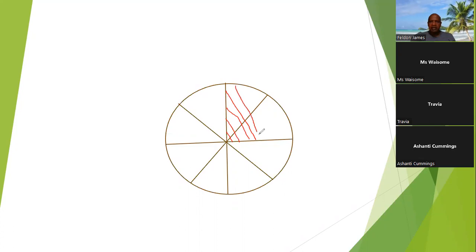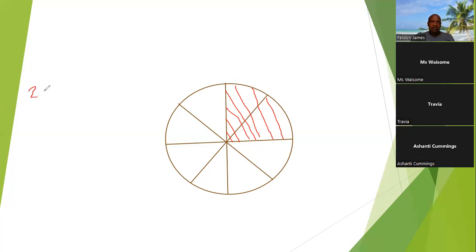Now, the area being shaded, how many slices are we shading? 2, sir. So how would we write the 2 slices? If we were to write it as a fraction, how would we write it? 2 over 8. We'll write it as 2 over 8.